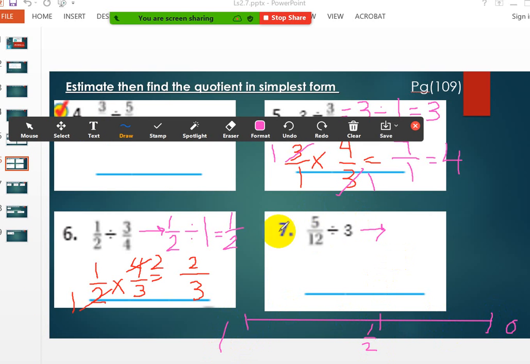So 5 over 12, if you locate this number on the number line, where will it be? It will be between 0 and 1 over 2. Right, very good. It will be closer to 1 over 2. So I can round it into 1 over 2 and divide it by 3.